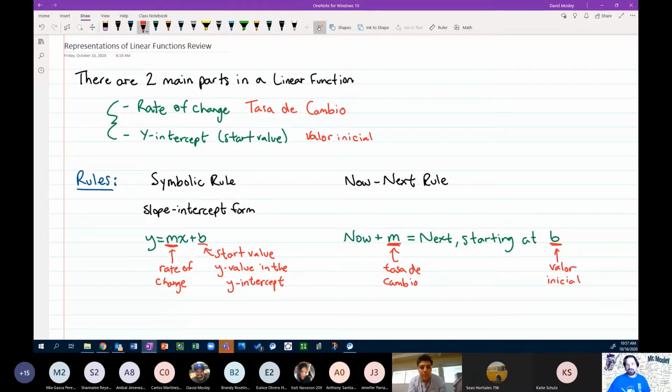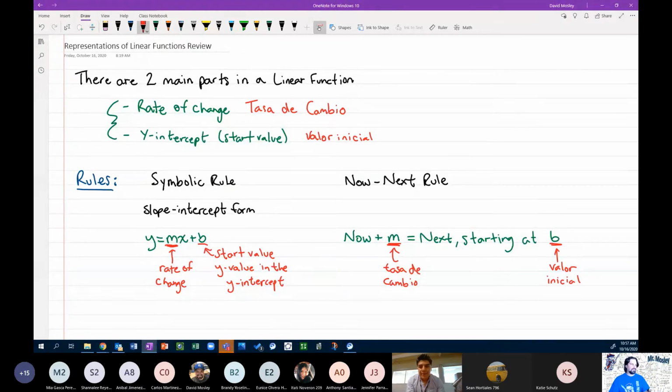Sí, muchachos, por favor, copiar. Como ya habíamos dicho la clase pasada, cuando tenemos las reglas, la regla simbólica, que también puede ser la fórmula, se le llama slope-intercept form o la fórmula de la pendiente. Ya hice mi investigación en matemáticas y se llama la fórmula de la pendiente. Y se escribe así como está ahí.